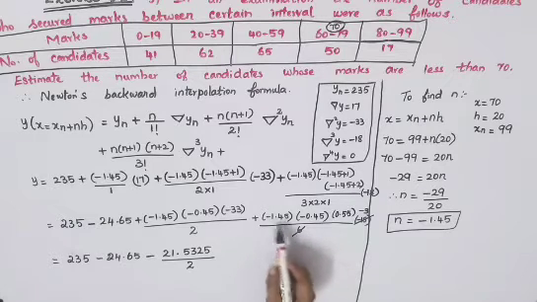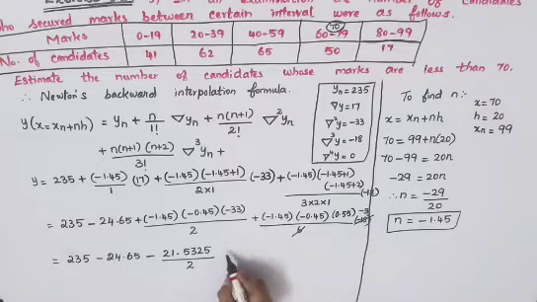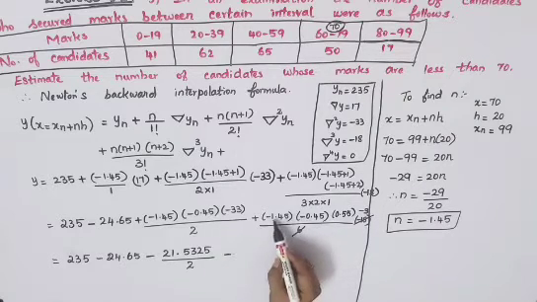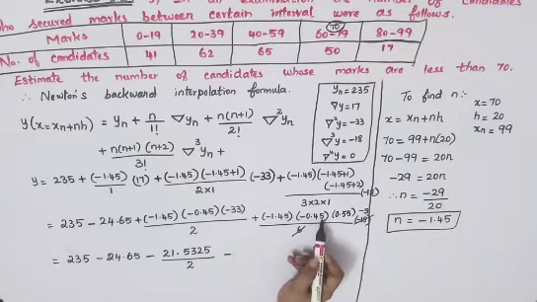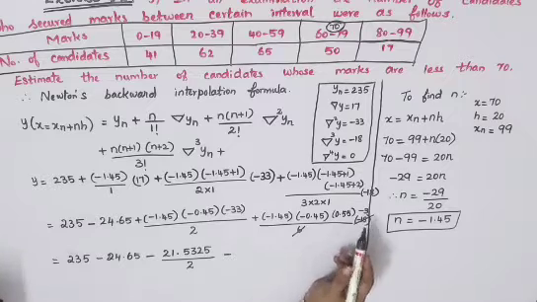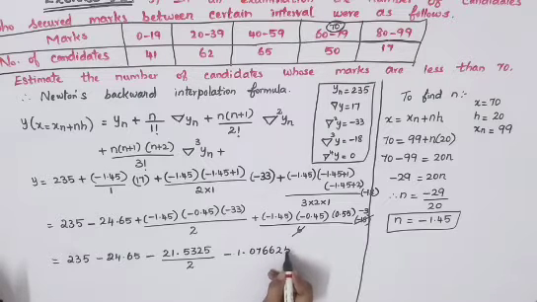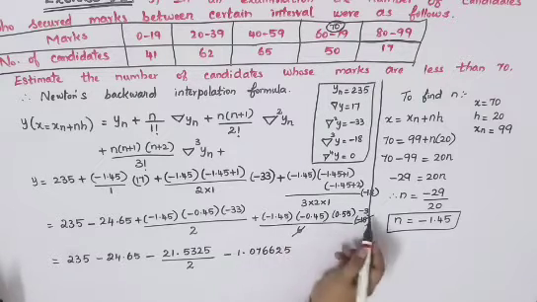Same way here, minus into minus will become plus, plus into this minus will become minus. So minus of 1.45 into 0.45, again into 0.55 into 3. All the terms if you multiply, you will get your answer as 1.076625. So this is the answer for all these multiplications.